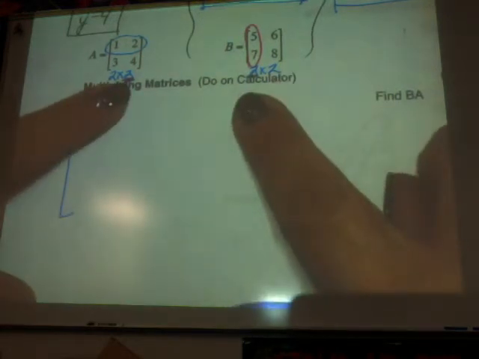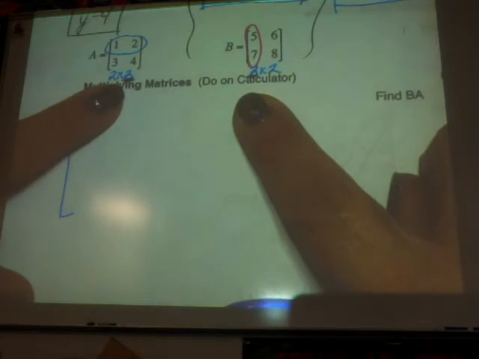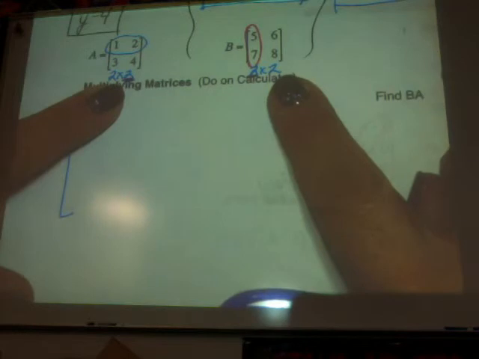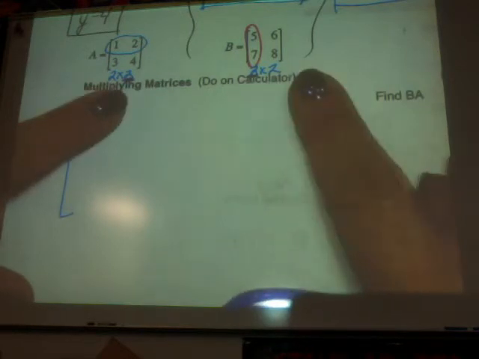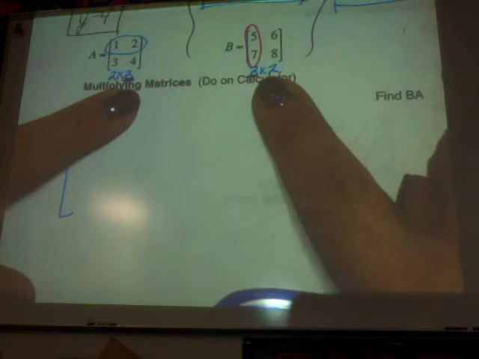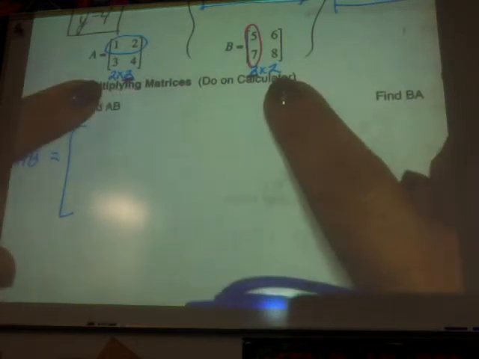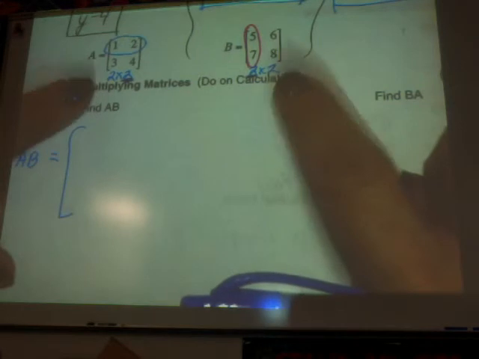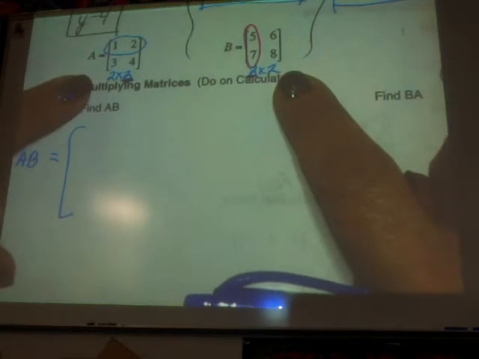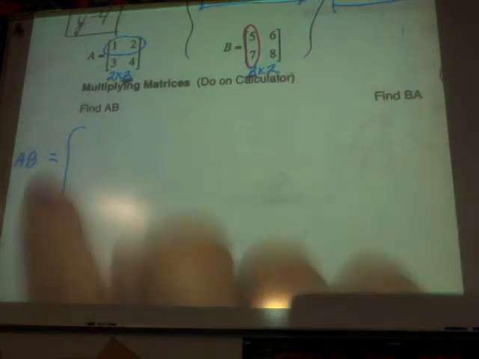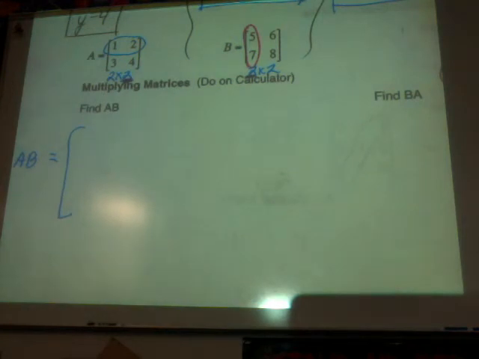But the inner two numbers absolutely positively must be the same. So if I had a 2 by 2 and a 3 by 2, that wouldn't work. But I could have a 2 by 2 and a 2 by 3, and that would work. The inner two numbers have to be the same. The outer numbers are going to give me my resulting matrix. I'm going to end up with a 2 by 2 because my outside numbers are 2 and 2. So I know I'm only going to have 4 elements in this entire matrix.